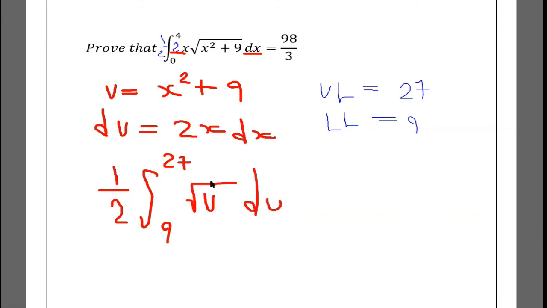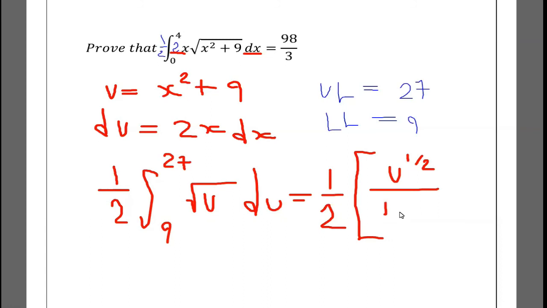So the square root of u du is really u to the half power. So when we integrate u to the half power, it's going to become a half of, put in your integration bracket now, integrating u to the half: add 1 to the power, divide by the new power. And we're integrating, of course, from 9 to 27.